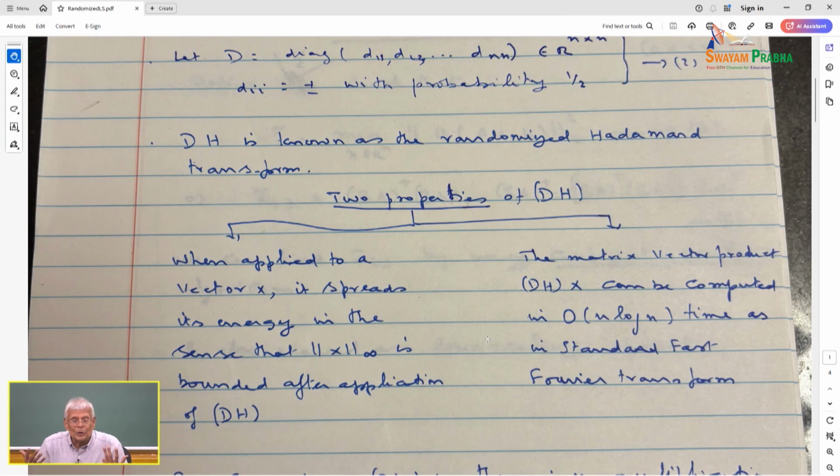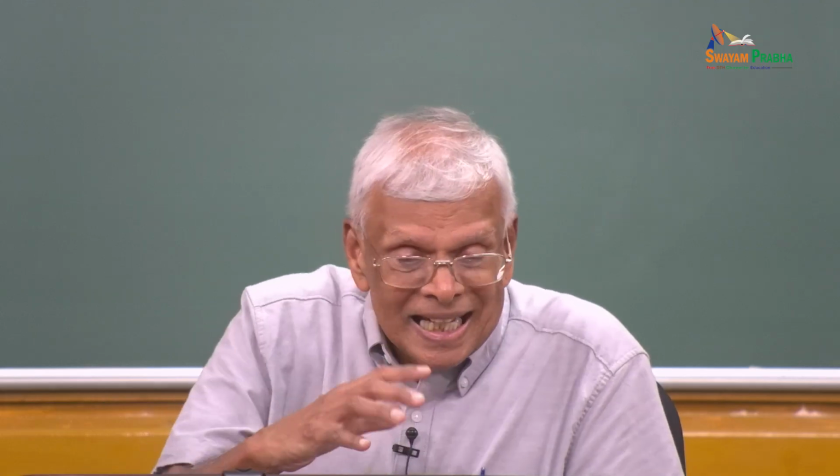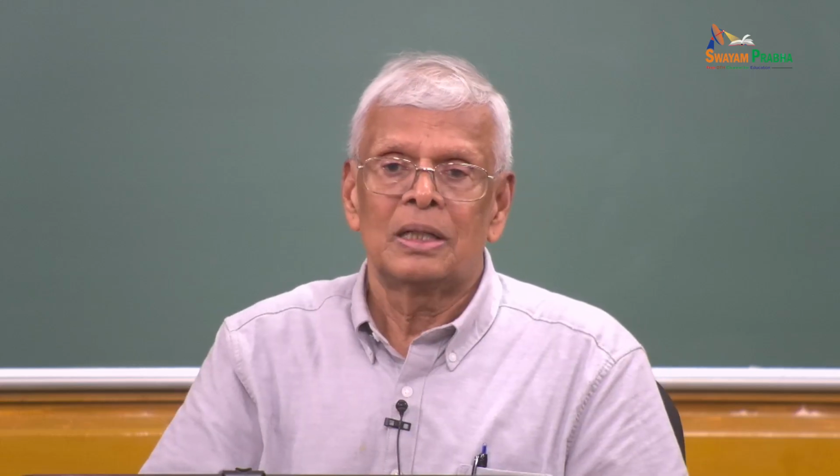In that case, I do not have to use importance sampling based on the square of the length of the columns or rows. I can simply use a uniform distribution. That means I will be able to save effort in computing the probabilities that are proportional to the square of the length, or the total amount of energy, in the columns and rows of A. So, that is another important consequence.